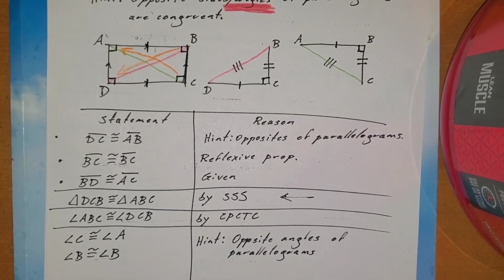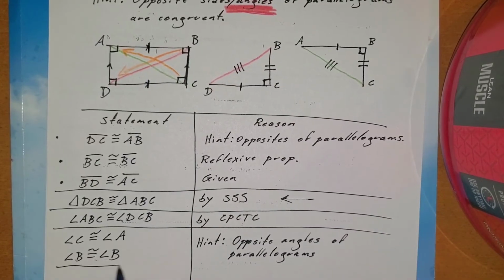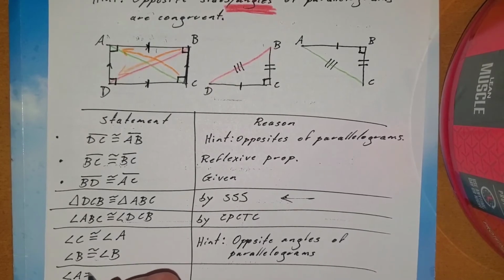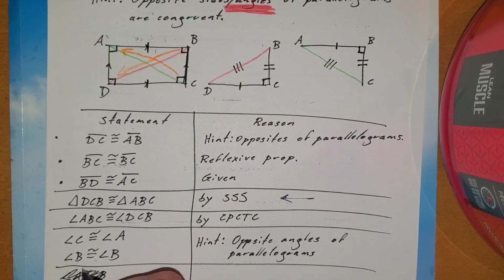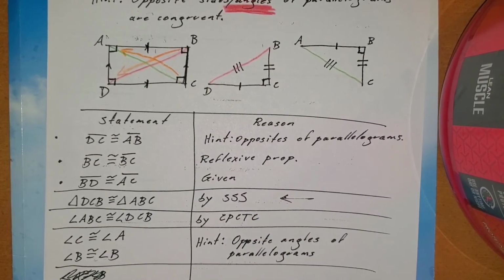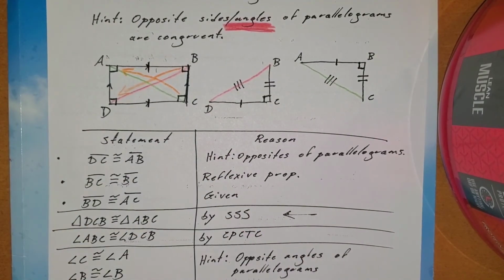So now I can wrap up this problem by stating that the shape ABCD is a rectangle.